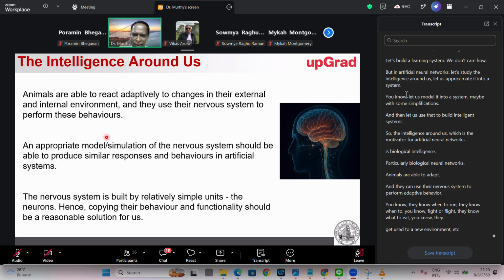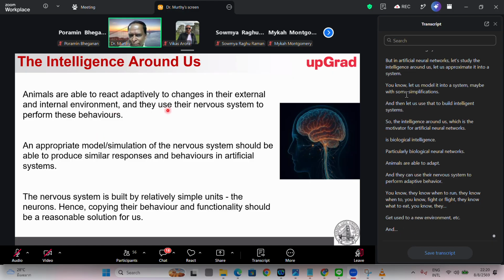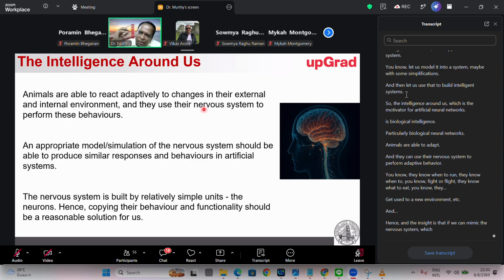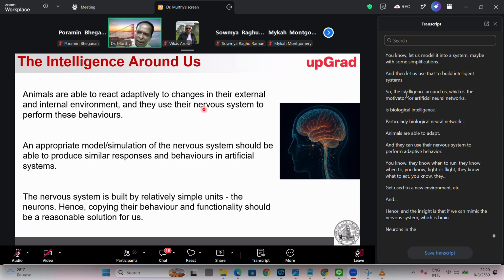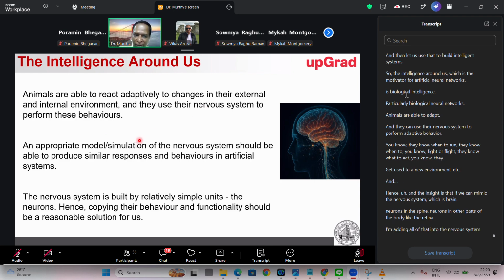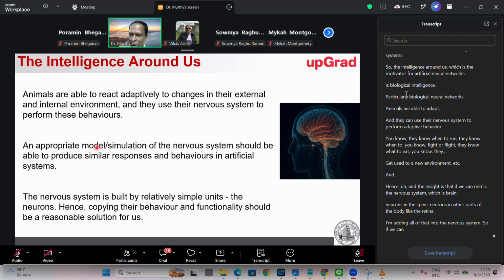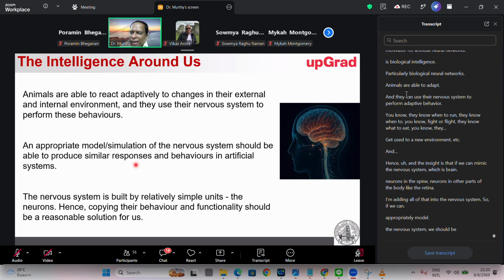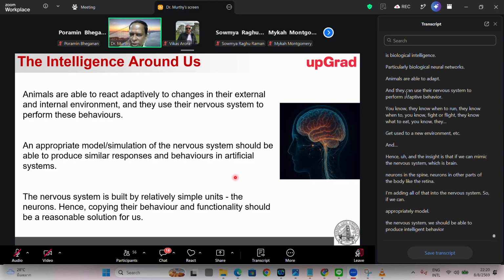The insight is that if we can mimic the nervous system, which is the brain, neurons in the spine, and neurons in other parts of the body like the retina, I'm adding all of that into the nervous system, so if we can appropriately model the nervous system, we should be able to produce intelligent behavior in artificial systems.